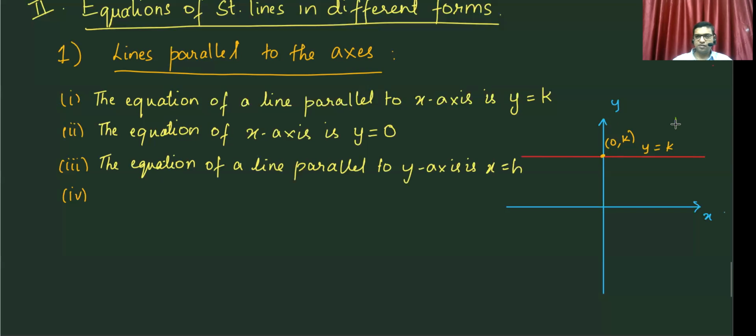Any point on this line will be of the form h comma some k. k will be variable, but h will not be variable. h will be constant.